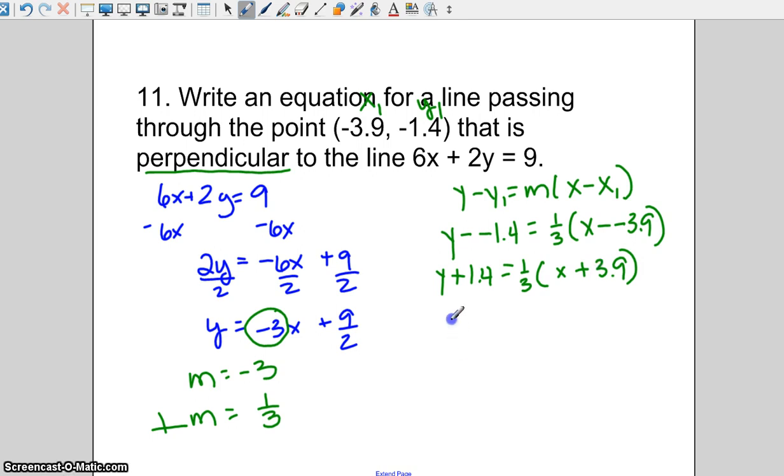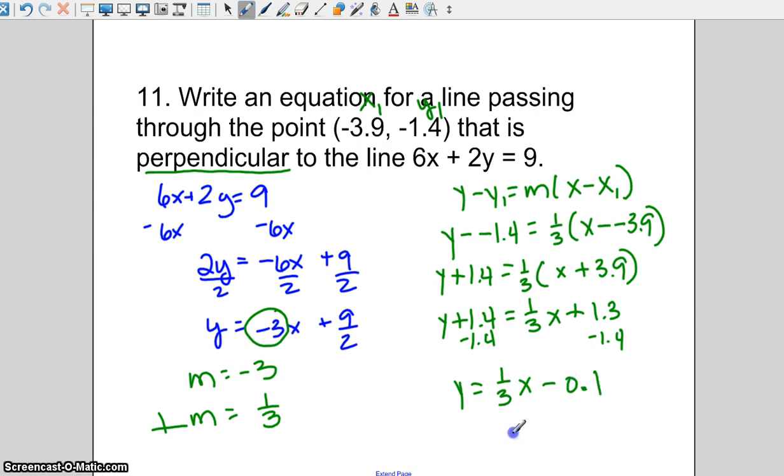Then when you distribute the 1/3, you get 1/3 x plus, and then 3.9 divided by 3 is 1.3. Subtract 1.4 from both sides. Y is equal to 1/3 x minus 0.1.